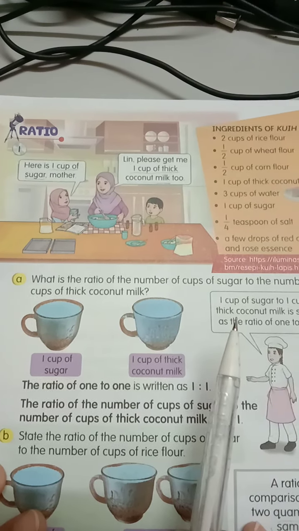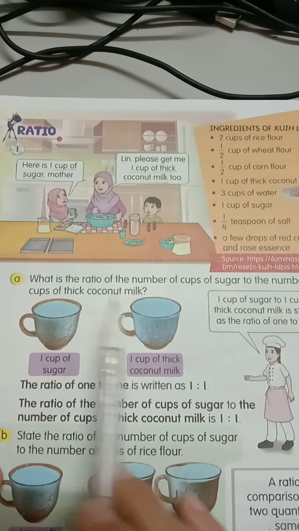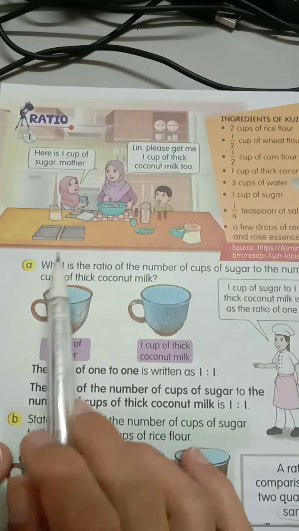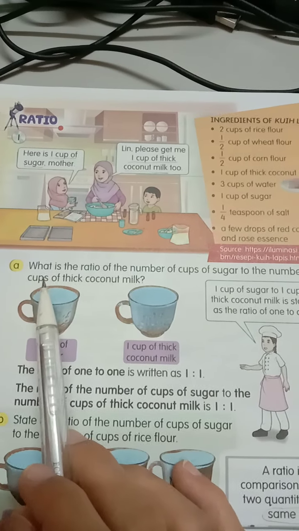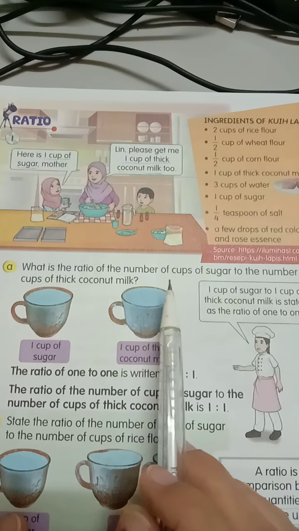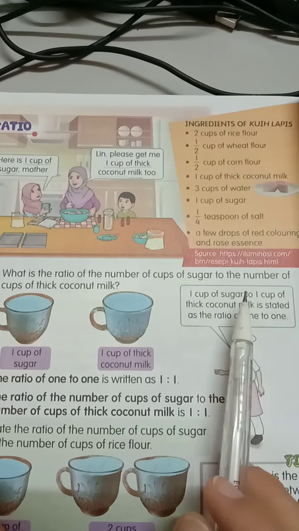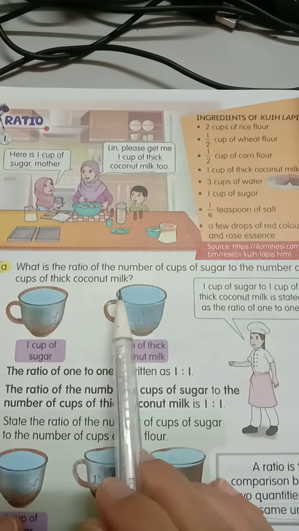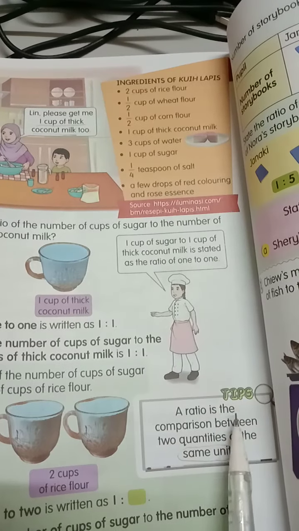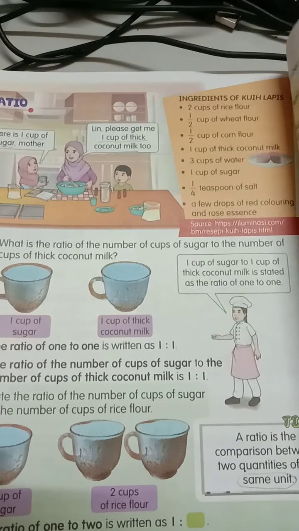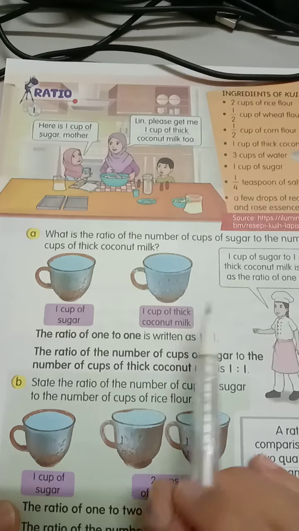Okay, so if you look at here, talking about ratio, what is the ratio of the number of cups of sugar to the number of cups of thick coconut milk? Remember, ratio is the comparison. We want to compare.